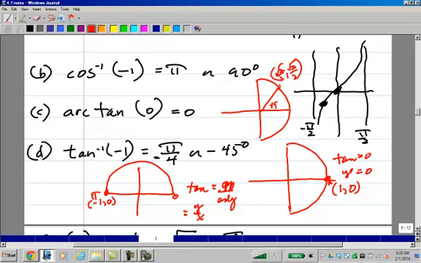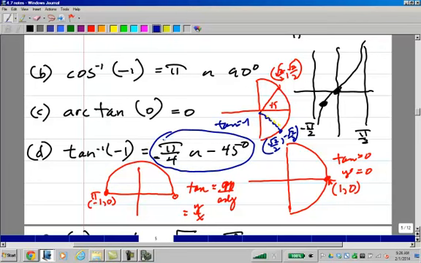But these are both positive, and the tangent is positive. Where's the only place where the tangent is negative? It's right here, where the coordinates are root 2 over 2, comma, negative root 2 over 2. So here, the tangent equals -1 for negative pi over 4, or negative 45 degrees.